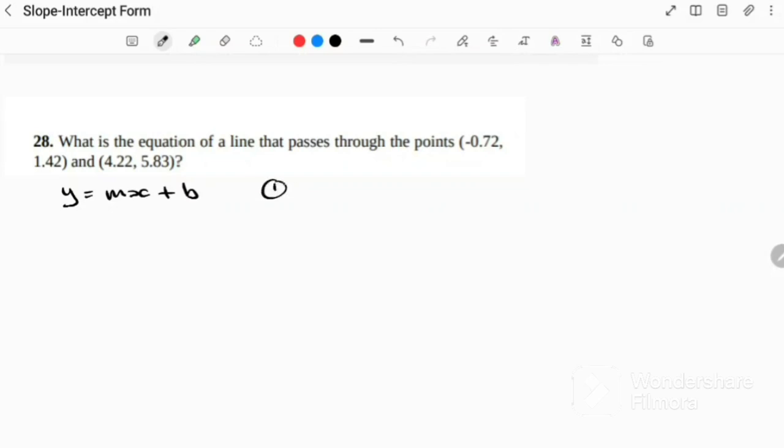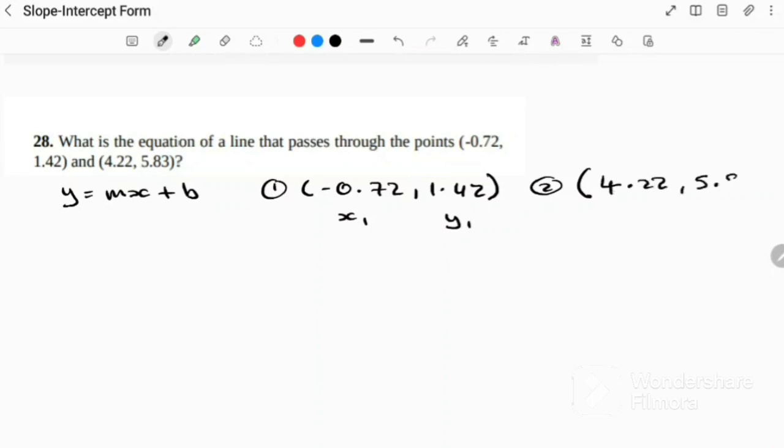The first coordinate is negative 0.72 and 1.42. So let's call this x1, y1, and our second coordinate is 4.22, 5.83. This is going to be x2, y2.